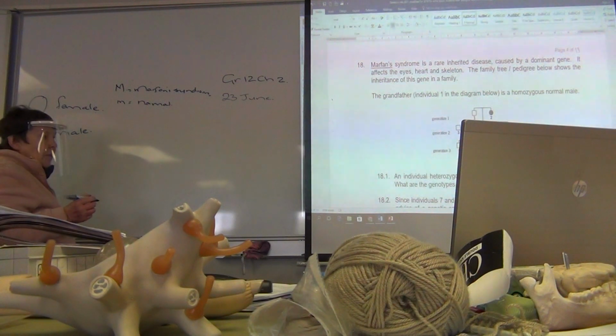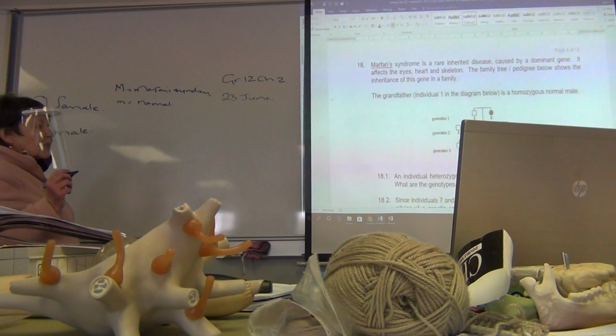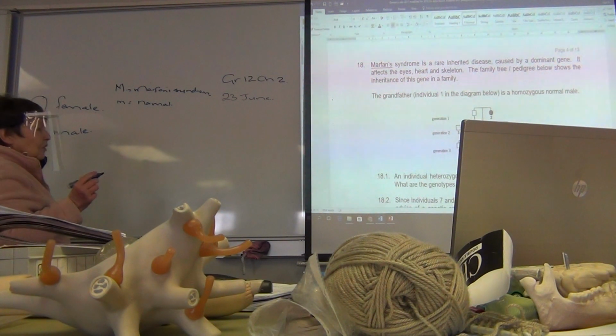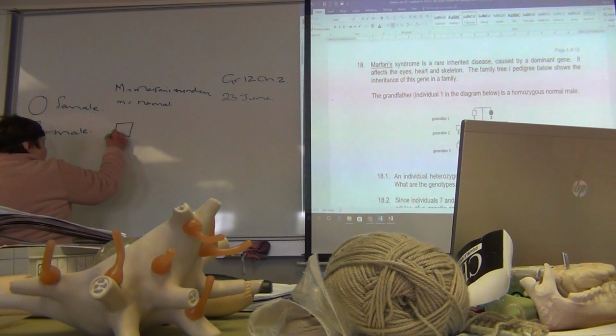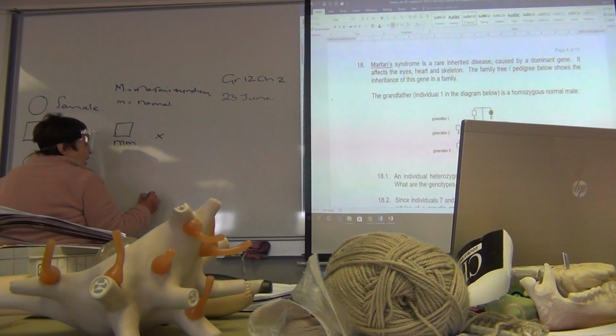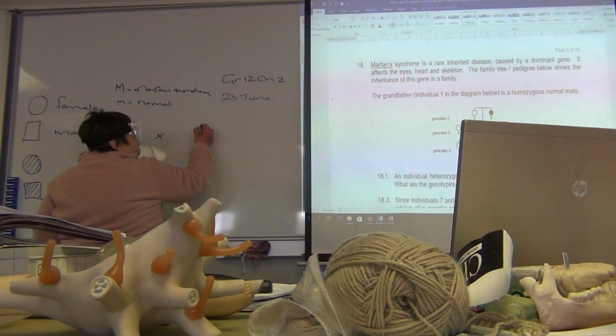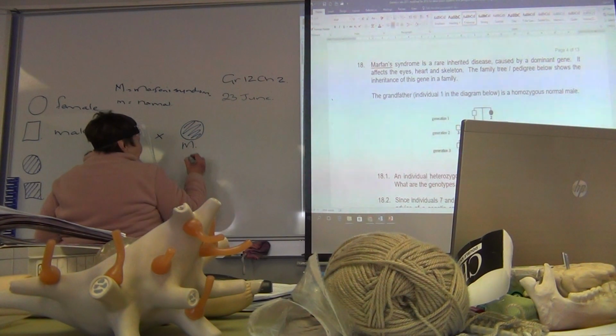Okay, you happy? So, it tells you that the grandfather, individual 1, is homozygous normal. Okay, so little m, little m. Okay with that? It tells you that the mother has Marfan syndrome. So you know she's big M.